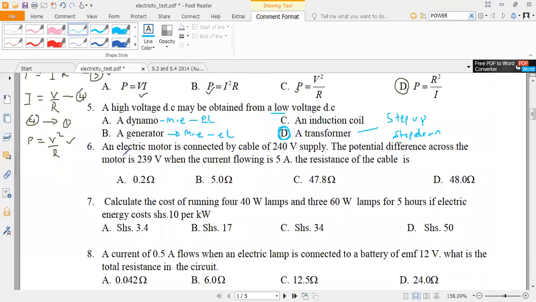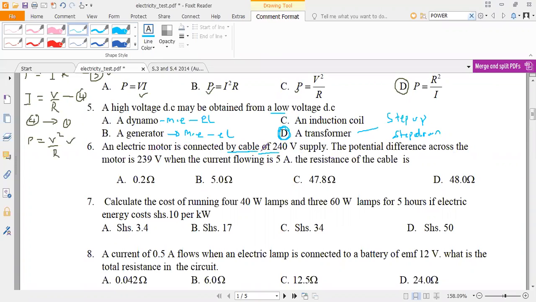Number 6, an electric motor is connected by a cable to a 240 volts supply. The potential difference across the motor is 239 volts, and the current flowing is 5 amperes. The resistance of the cable is, okay, so they are saying the electric motor is connected to a cable of 240 volts.